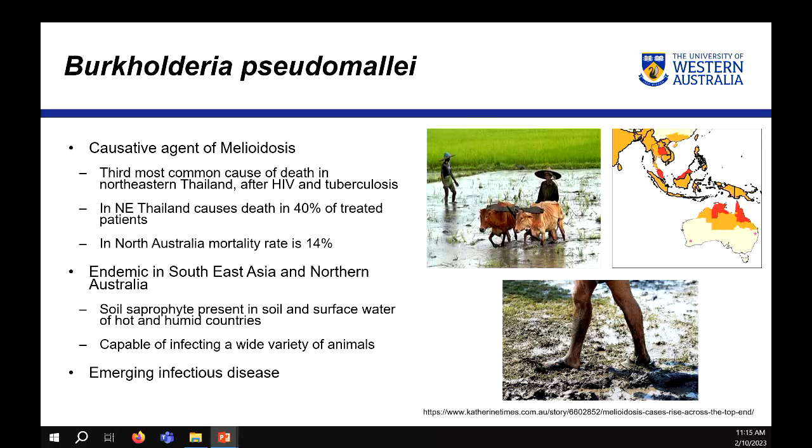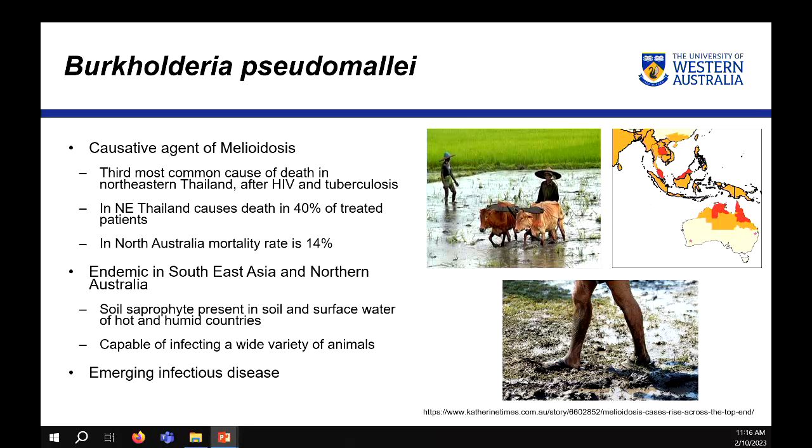Treatment is 2 weeks of intravenous therapy with meropenem or ceftazidime, and then at least 6 months, if not longer, of oral eradication therapy with trimethoprim-sulfamethoxazole. It's really quite hard, and it causes acute, chronic, and latent infection, which I'll talk about in a minute.